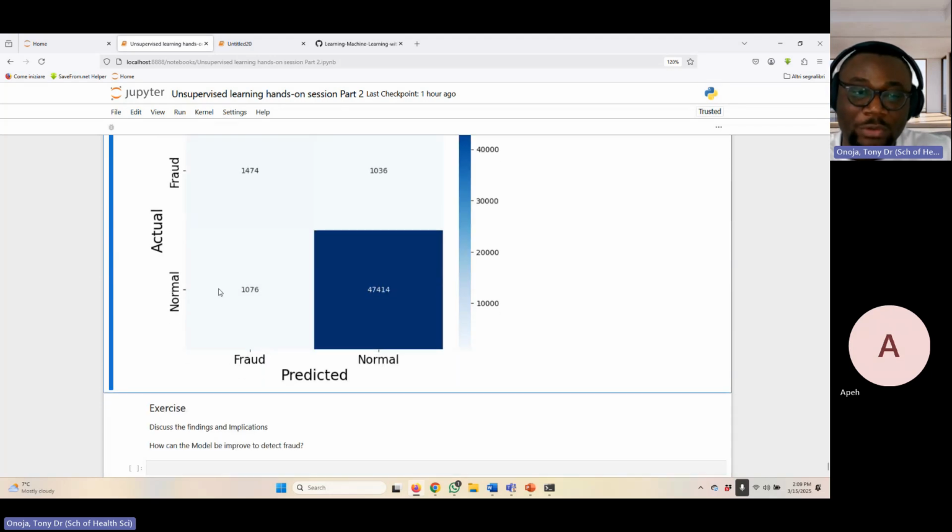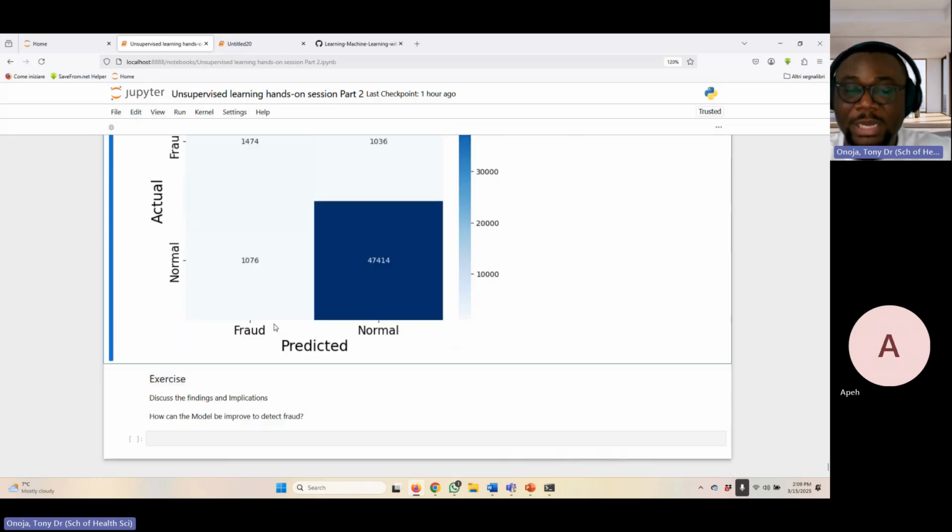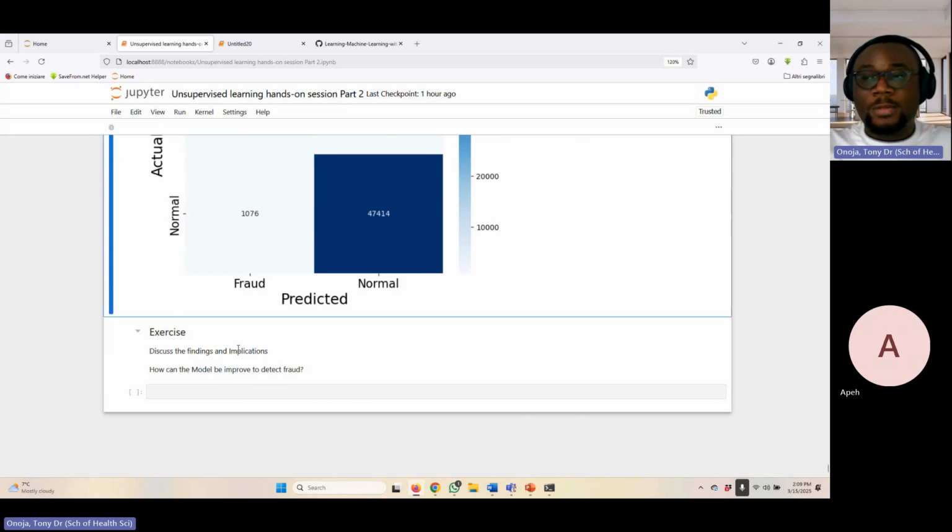When you look at the normal cases, we pick a lot of them, and very few were classified as fraud. So the exercise is to discuss the implication of the findings and how you find a way to improve it. Like I said, one way to improve it is to balance the algorithm, balance the weights, so you can identify most of this.